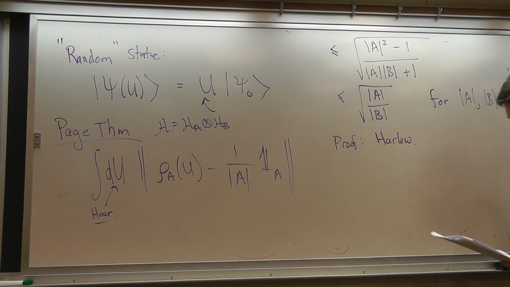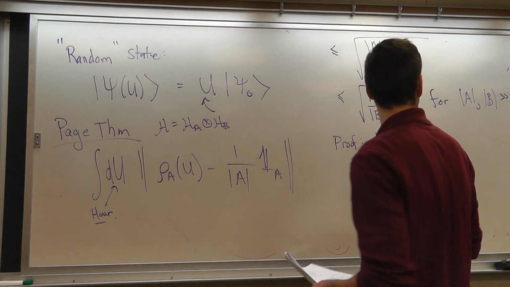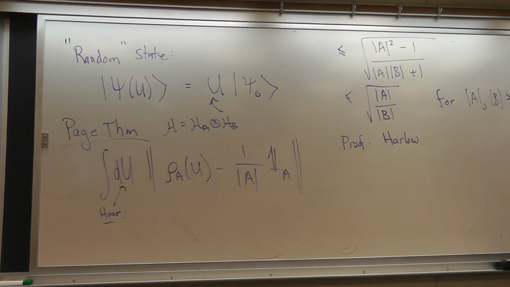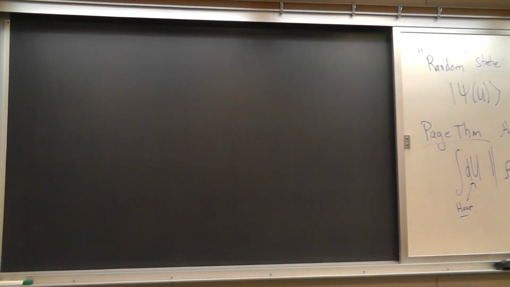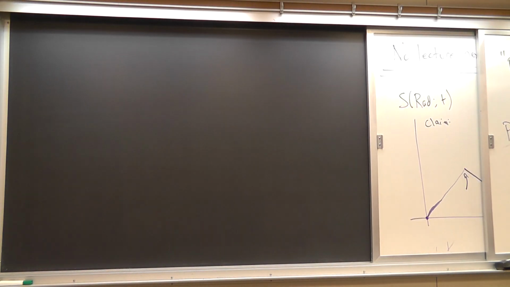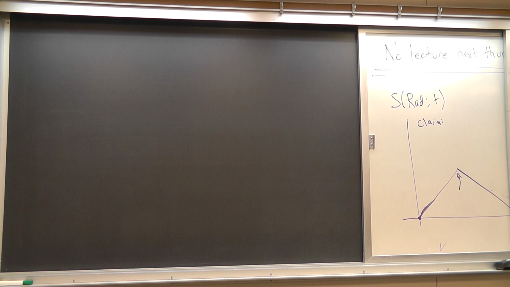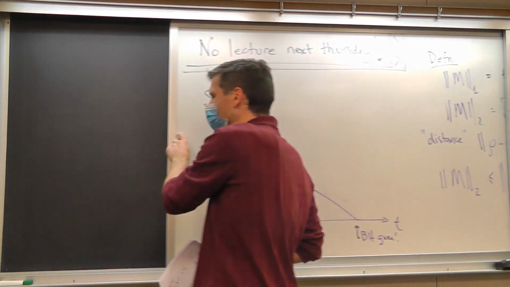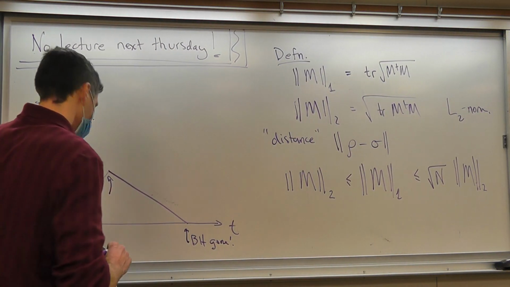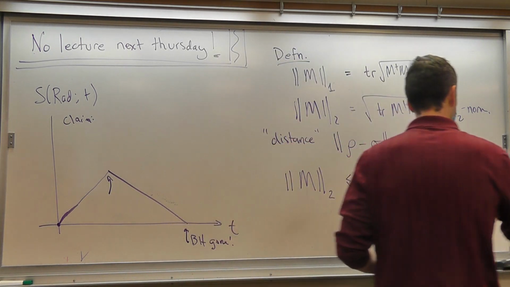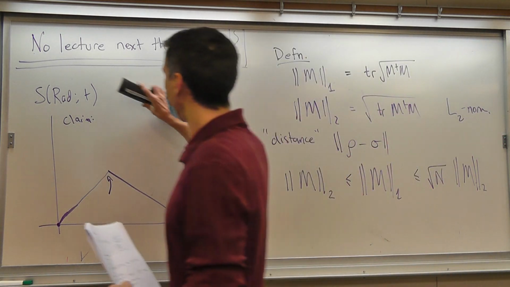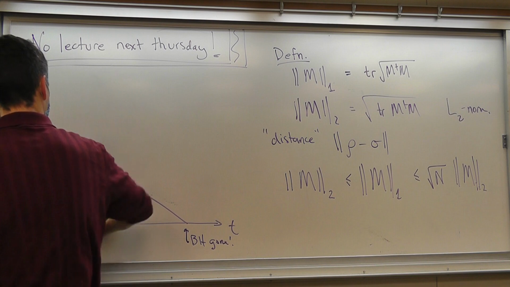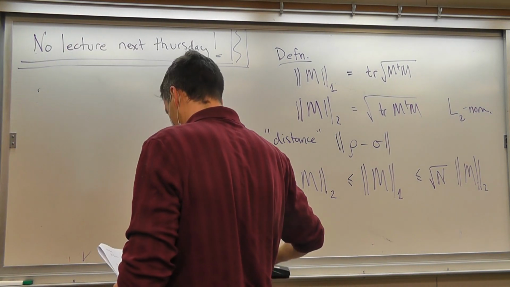We can restate this in terms of the entropy. The point of this is going to be that this is an incredibly strong bound. I'll be able to quantify this when we talk about the entropy.